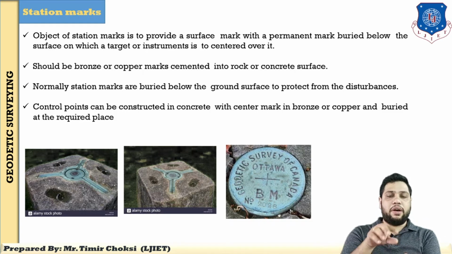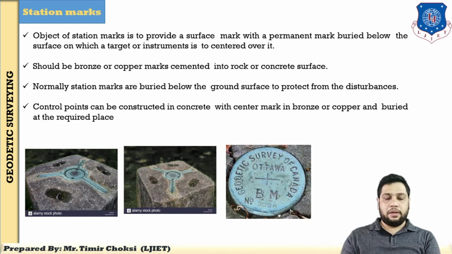This place you fix first as the station mark. The station mark should be a bronze or copper mark because this is a permanent mark. So carefully establish the station mark. It should be a bronze or copper mark, cemented into rock or a concrete surface, as clearly seen here. Normally station marks are buried below the ground surface to protect them from disturbance.